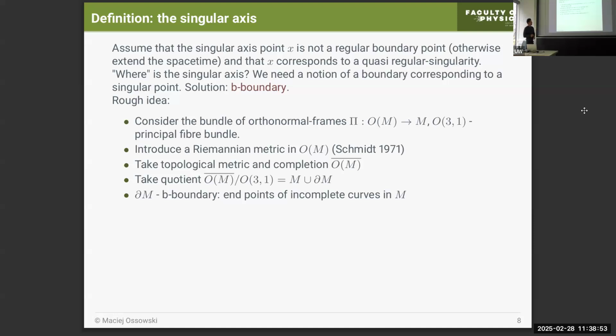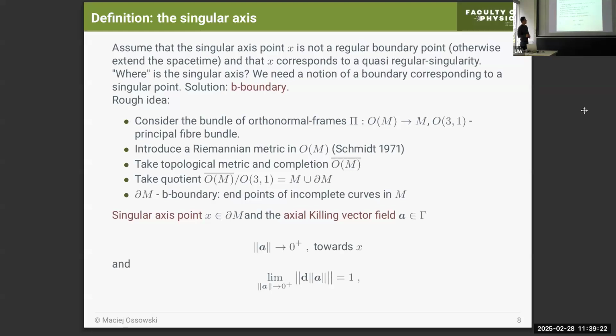And then what he shows is that if we quotient this completion, so we pass from the bundle again to the manifold, we get obviously what we started with, the manifold. However, we also get these additional points, which are the so-called B boundary. And they represent the endpoints of curves which are incomplete in the manifold.